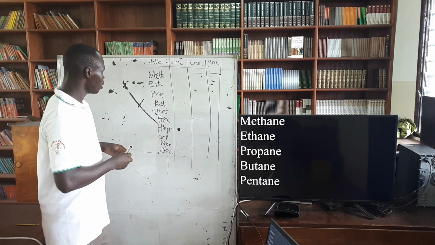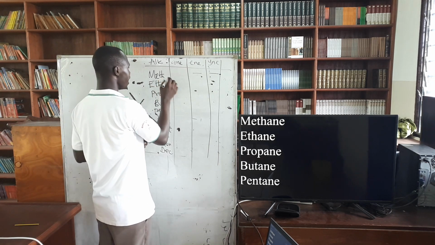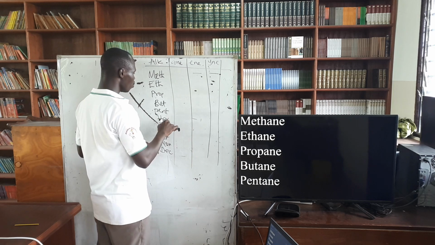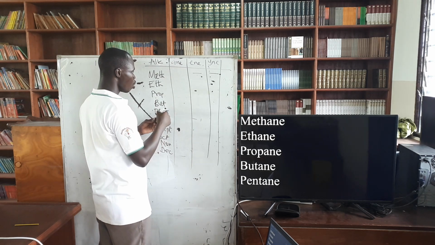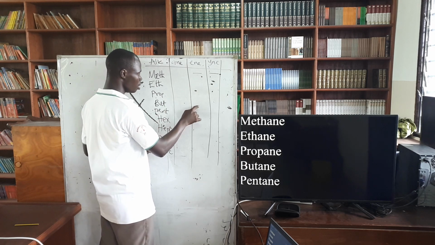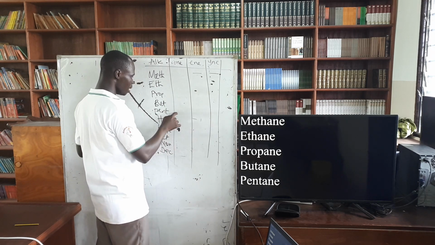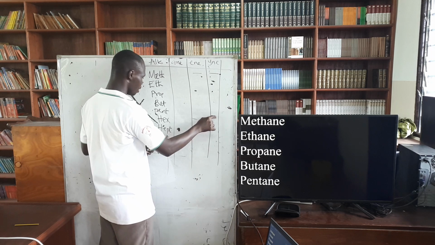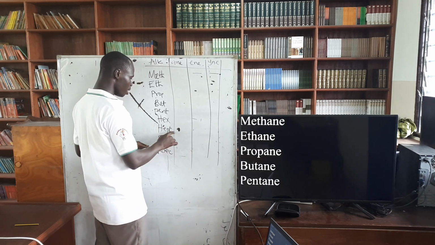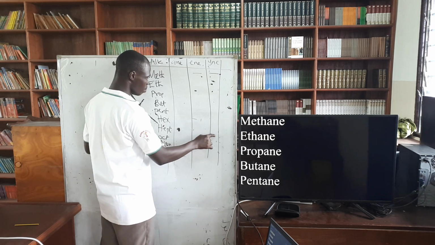So methane. The second one will be ethane, ethene, ethyne. That one will be propane, propene, propyne. Butane, butene, butyne. Pentane, pentene, pentyne. Hexane, hexene, hexyne. Heptane, heptene, heptyne.